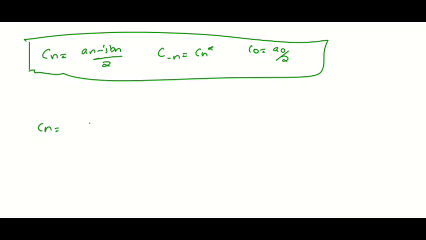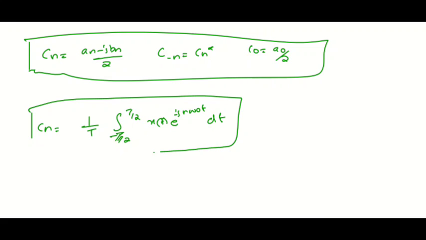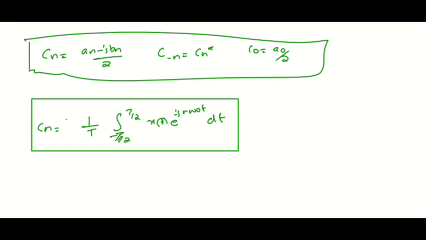And then Cn equal to an minus j bn, right? So Cn equal to 1 divided by T integral over minus T by 2 to T by 2 x of t e raised to minus j n omega 0 t dt. Okay, this is another equation to be noted.